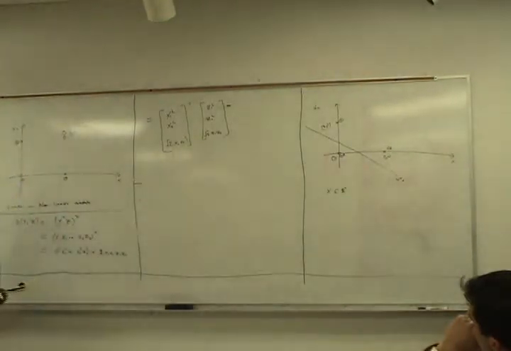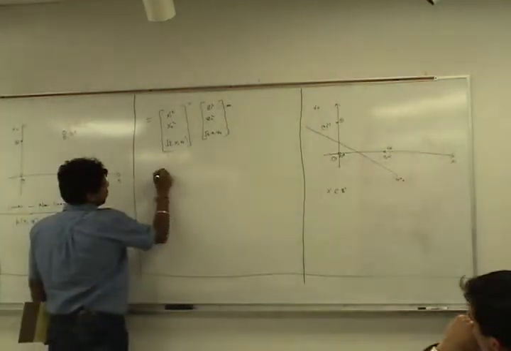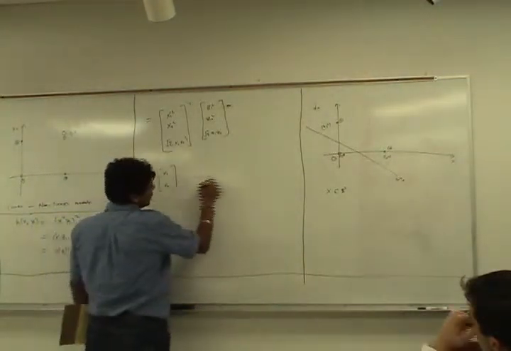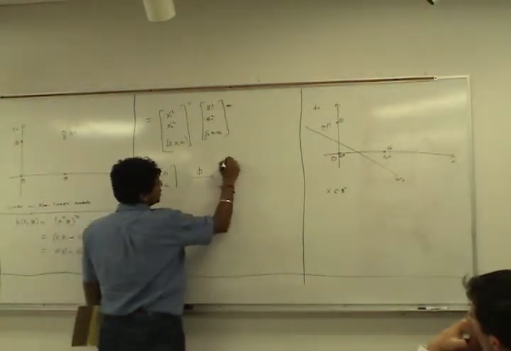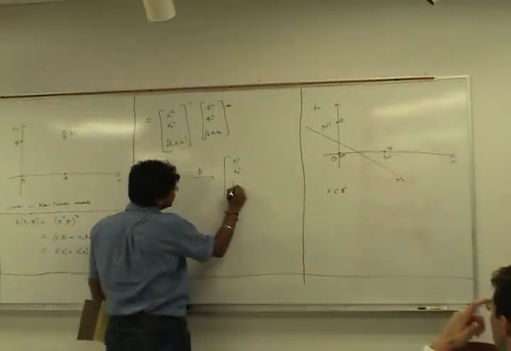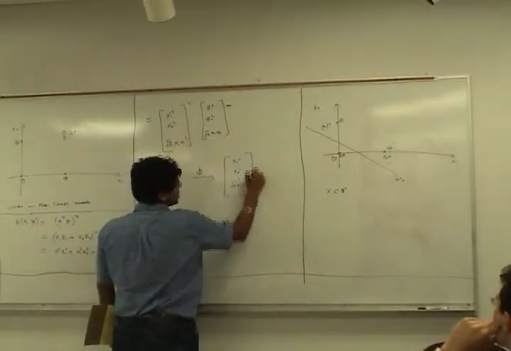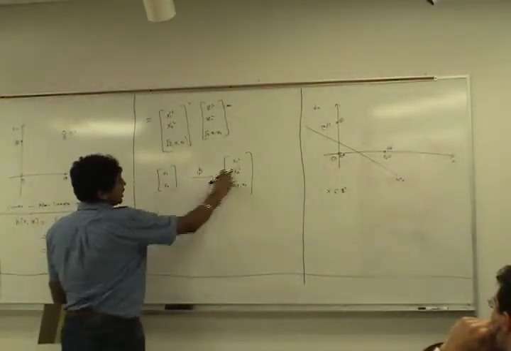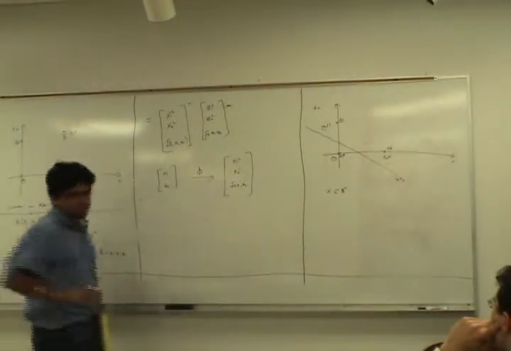So what we have done here is take a point (x1, x2) and, through an implicit mapping, map it to a three-dimensional space. This is how the mapping looks: it takes a point (x1, x2) and maps it to (x1 squared, x2 squared, root 2 x1 x2).